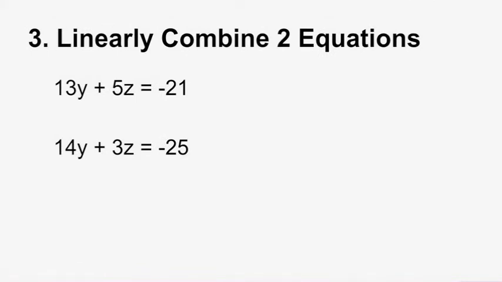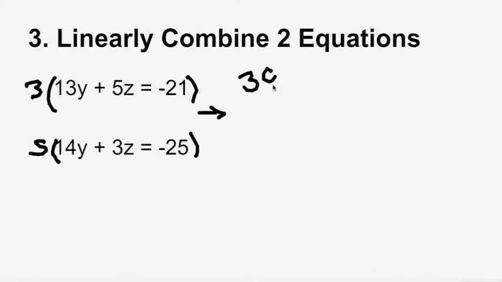And so now we can linearly combine these two just as how we would with a regular system. So we'll multiply this first equation by 3, this bottom equation by 5, so that we can eliminate the z's. So the first equation will transform into 39y plus 15z equals negative 63.